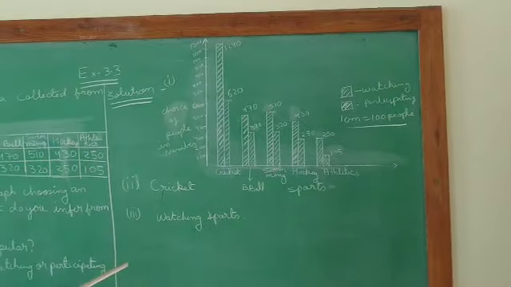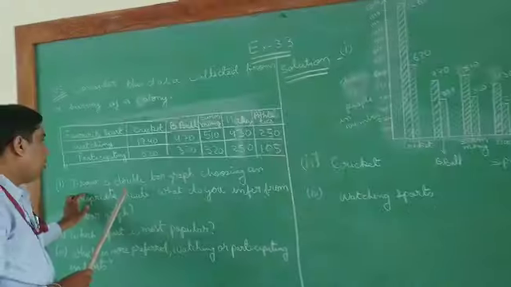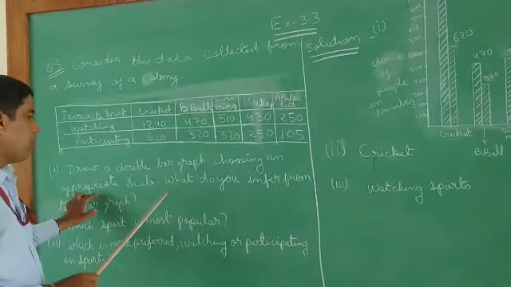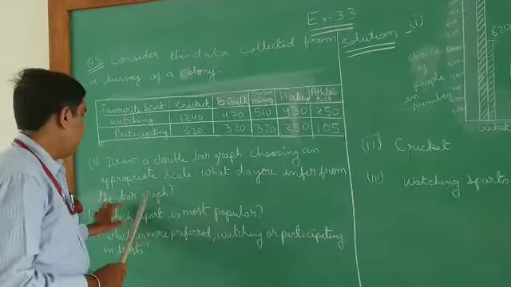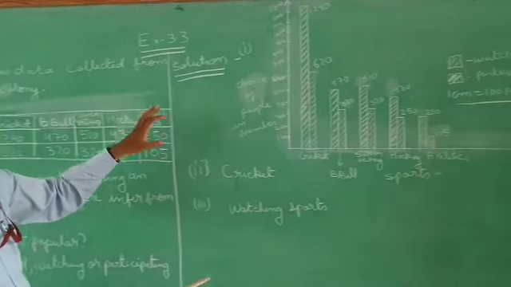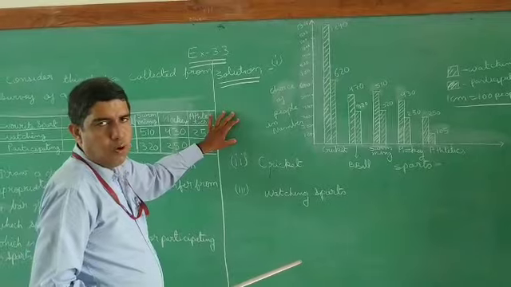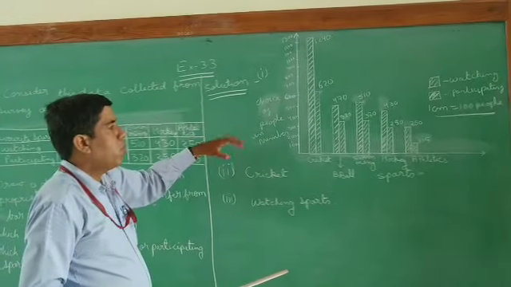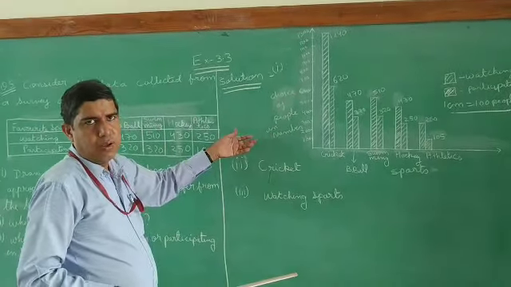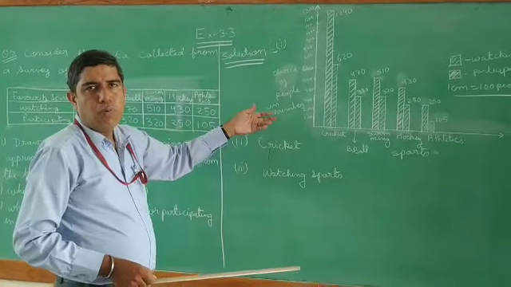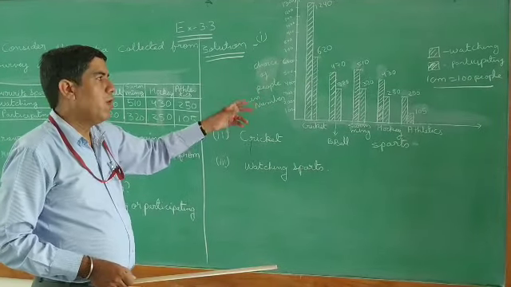Now, what is the question asked here? Draw a double bar graph choosing an appropriate scale. What do we infer from the bar graph? The information we get from the bar graph is the choice of the people, who are watching more of which game, how many are watching and how many are participating.